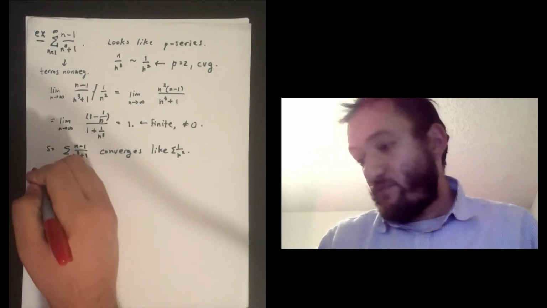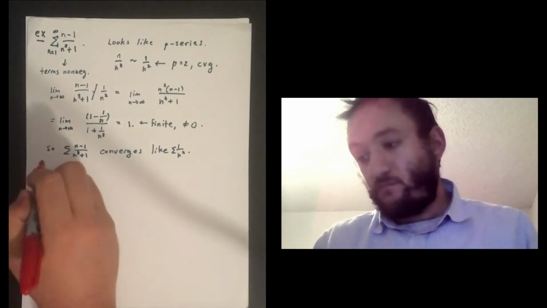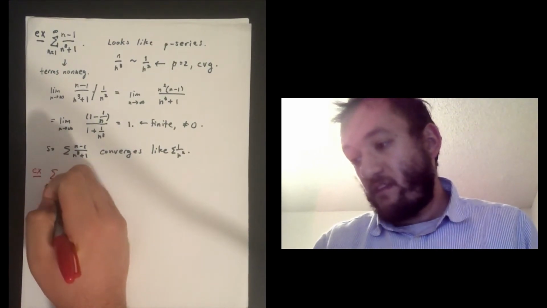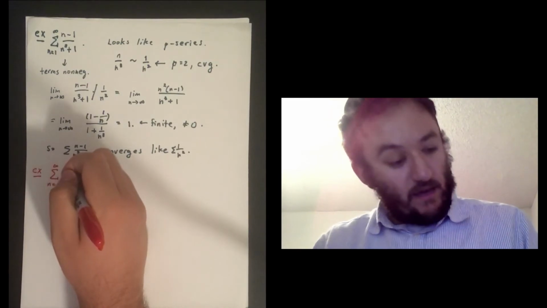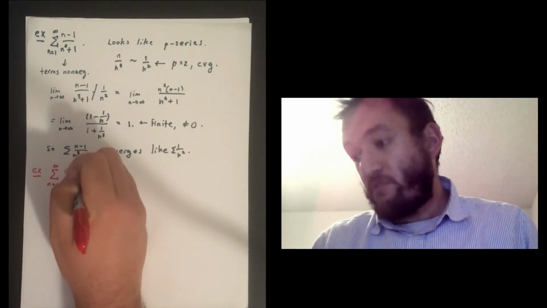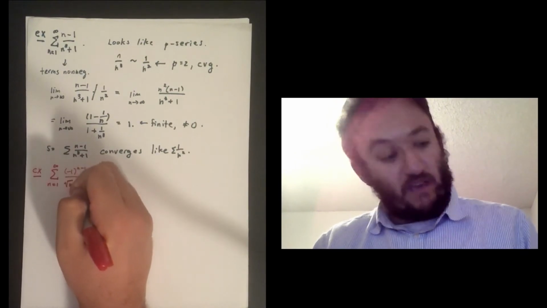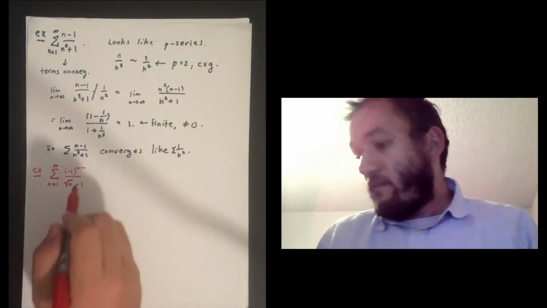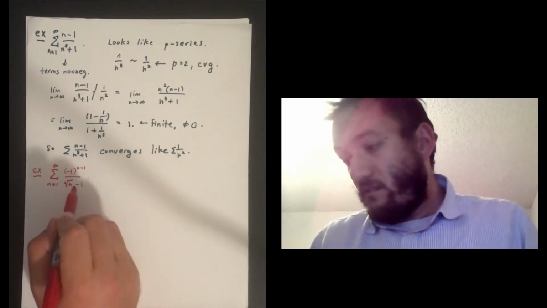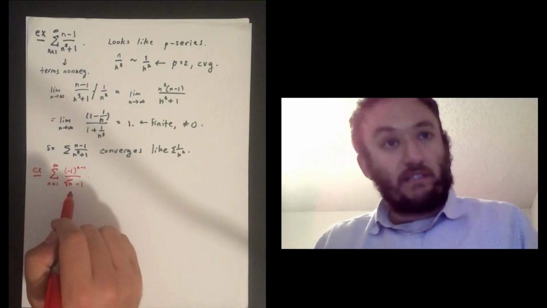Let's look at the next one. We're looking at the sum from n equals 1 to infinity of (minus 1) to the n minus 1, divided by the square root of n minus 1. Looking at this, the test for divergence is out because the terms are going to 0.